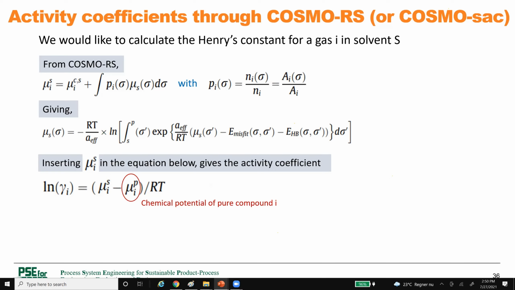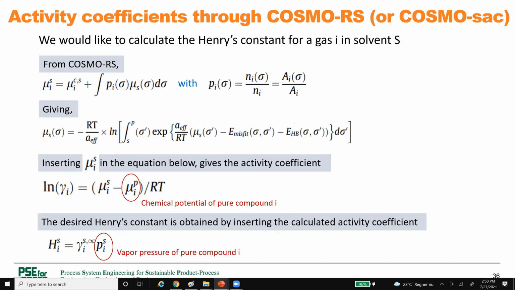That can always be calculated. The chemical potential of gas I in solvent is calculated from the sigma profile. And then we put the activity coefficient, we put the vapor pressure at a given temperature, we get the Henry's constant. So instead of doing experiments, we can directly calculate the Henry's constant.